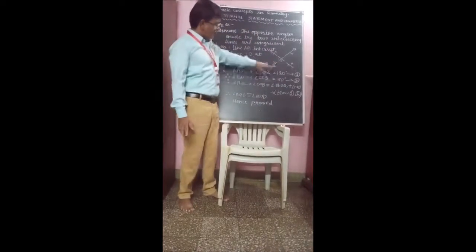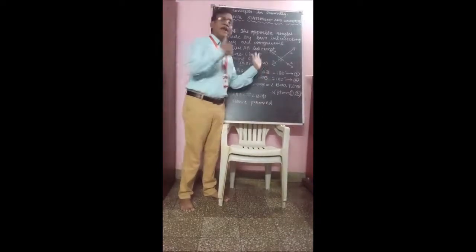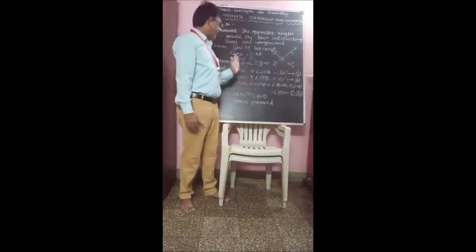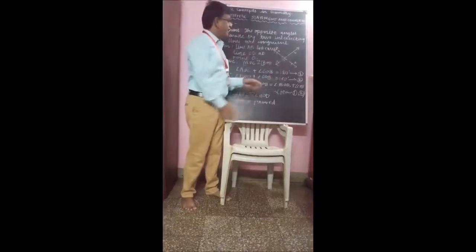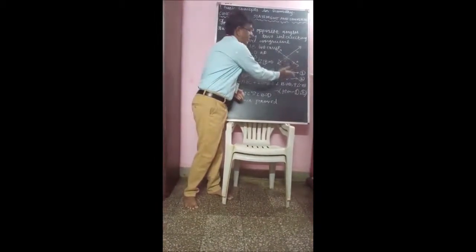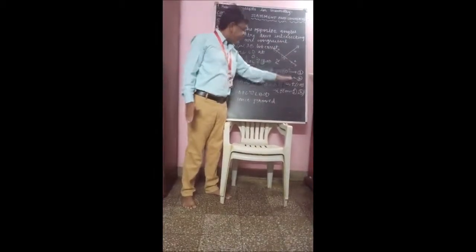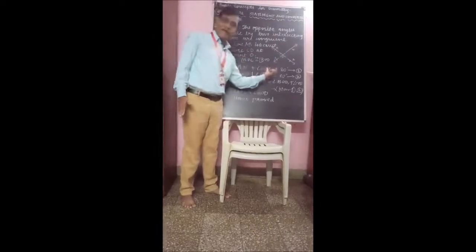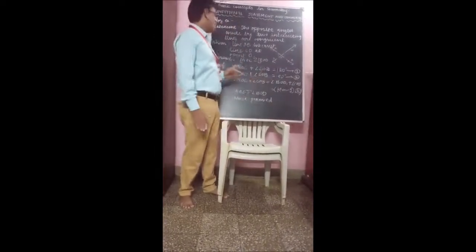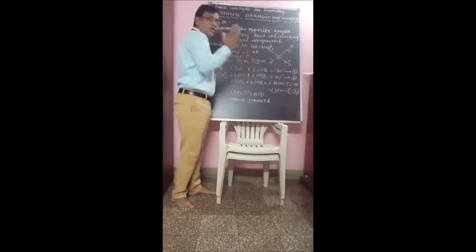Now see these two statements. The first statement has 180 on the right hand side and the second statement also has 180 on the right hand side. If the right hand sides are equal, then the left hand sides are also equal.